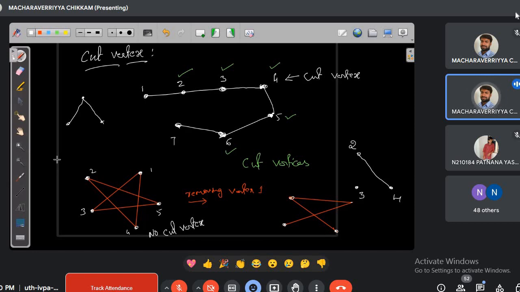The minimum number is 2, that's it. I'm not saying that removal of any 2 vertices makes it disconnected. We are not saying that. We can find 2 vertices in this graph by removing which this graph becomes disconnected. That's what we are saying. So we say that this graph has vertex connectivity 2.